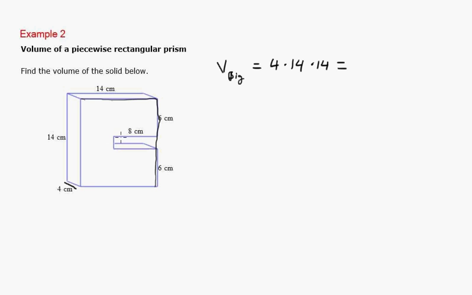And then what I can do is cut this out. So this will be the volume of the small one. That's going to be 8 times the depth. The depth is 4, so it goes back 4.